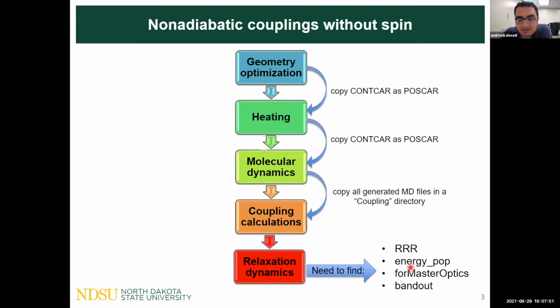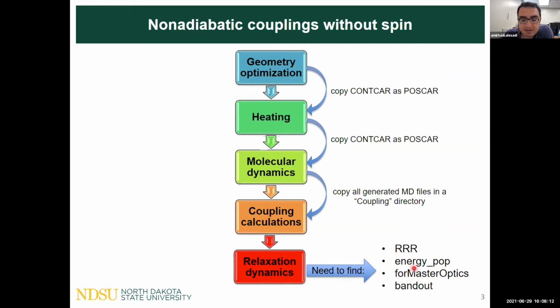What do we need today to plot those greenish figures? We need a rate tensor file, RRR, an energy pop file including the orbitals and the energy of the orbitals, the formaster optics file, and the bandout file.